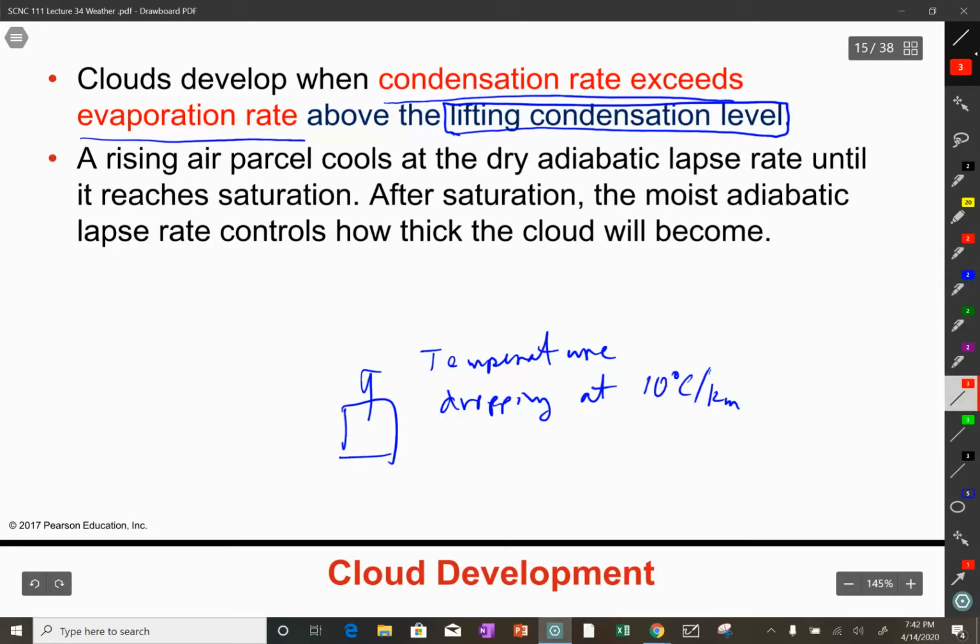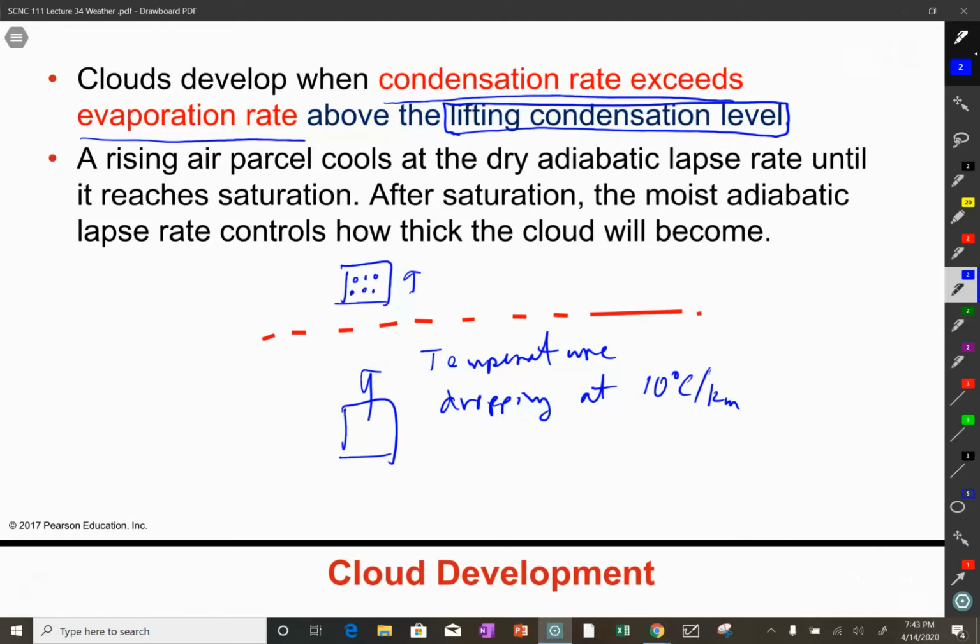And then when it reaches that lifting condensation level, that is where it reaches saturation, now you're starting to form droplets of water in the cloud. And now as it continues to rise, now as you form droplets, that's actually generating heat because condensation generates heat. So it's warming up, so it's not cooling as quickly.